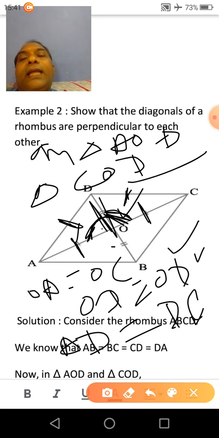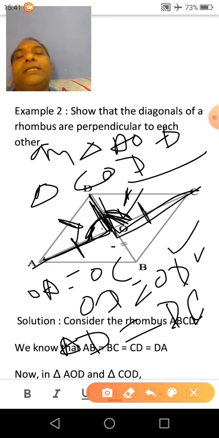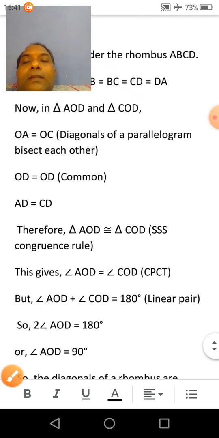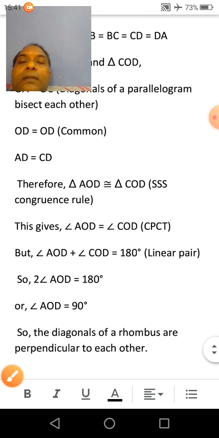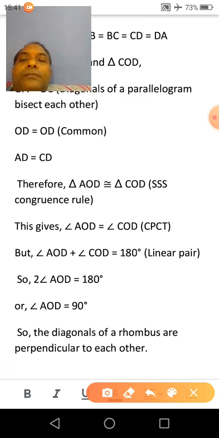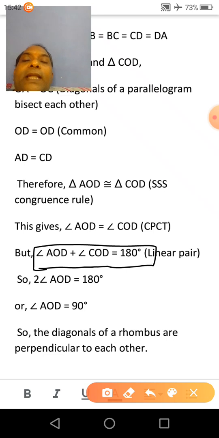So angle AOC plus angle COD is equal to 180 degrees, and angle AOD is equal to angle COD.